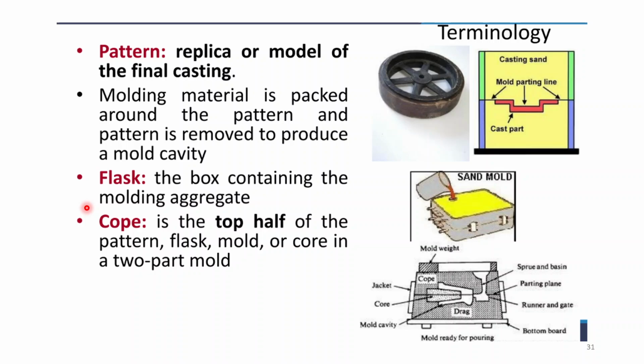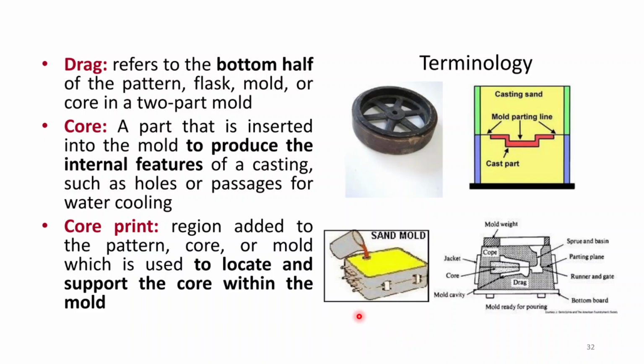Here you have the parting plane, runner and gates, sprue, basin, all these things. Next you have the drag, which refers to the bottom half of the pattern, flask, mold or core in a two-part mold. Next you have the core, a part that is inserted into the mold to produce the internal structure of a casting, such as holes or passages for water cooling.